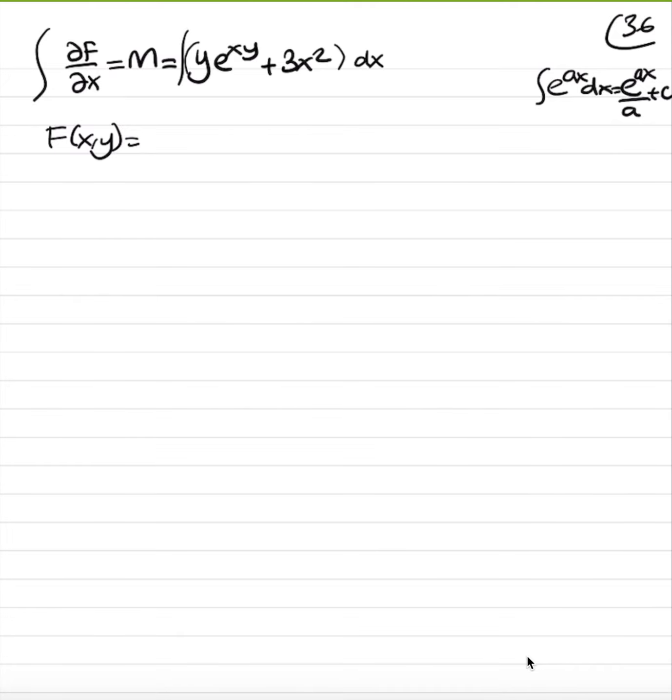So then what is the integral? y e to the power xy over y plus the integral of 3x squared, which is 3x cubed over 3, plus the constant. Since we take the partial integral with respect to x, the constants are a function of y, because y is also a constant, h of y.